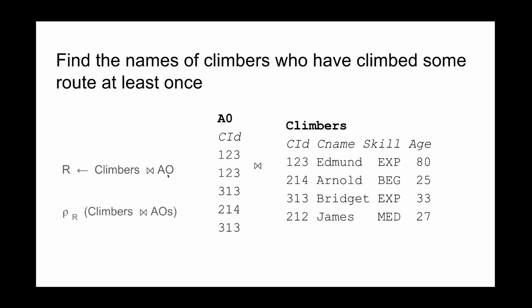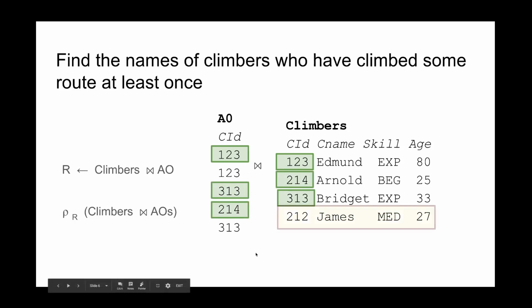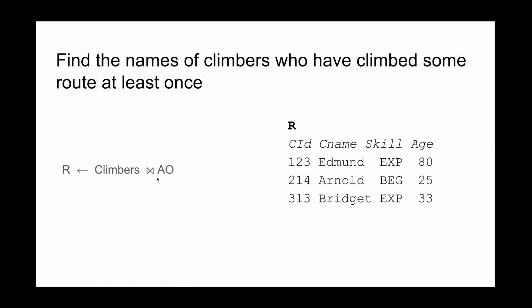Again, this is the same as this rename, equivalent. So with the first one, 1, 2, 3, we have this, 3, 1, 3, we have this, 2, 1, 4, we have this other, and this one is not in this list, so it is going to disappear from this natural join. And the result is the relation R with these 3 rows.